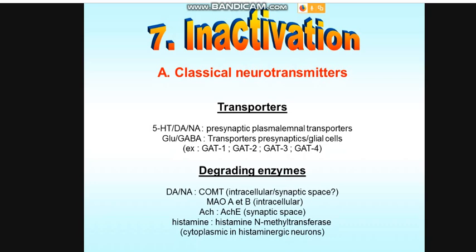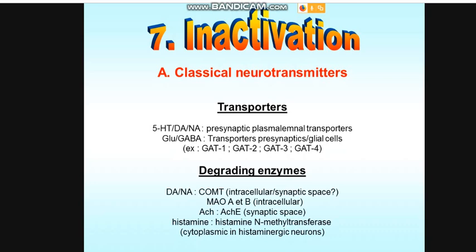For instance, serotonergic cells will express the serotonin transporter, SERT. Dopaminergic cells will express the dopamine transporter, DAT. And noradrenergic cells will express the norepinephrine transporter, NET. You have also transporters for glutamate and GABA.